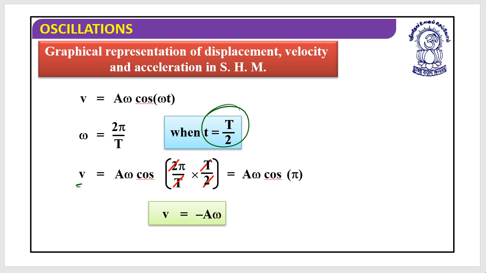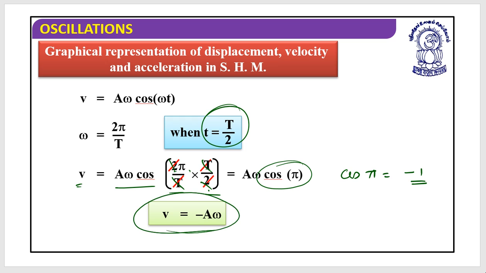So v is equal to a omega cos 2 pi by T into T by 2. This T cancels, the 2 cancels, and I am left with cos pi. Cos pi is minus 1, so v is equal to minus a omega.